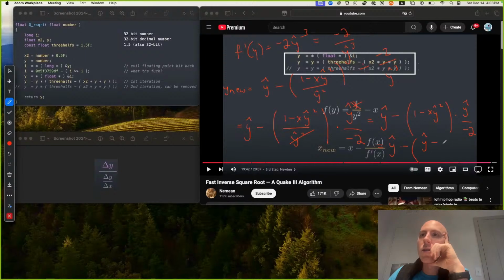Y hat minus x, negative 2, which is equal to, we can pull out the negative 2 and minus this negative 2 thing is just plus a half y hat plus, we'll just say it's y hat over 2 minus x y hat cubed over 2.